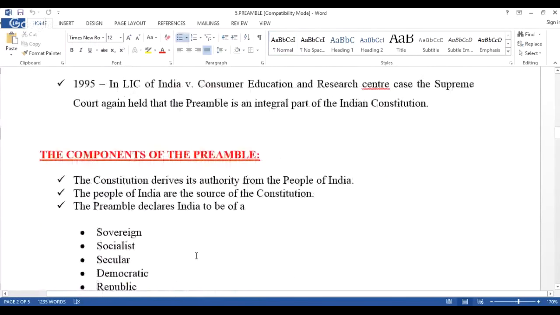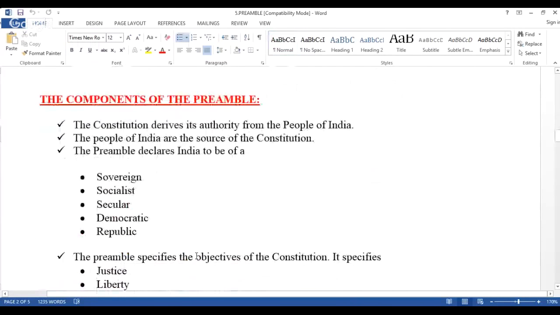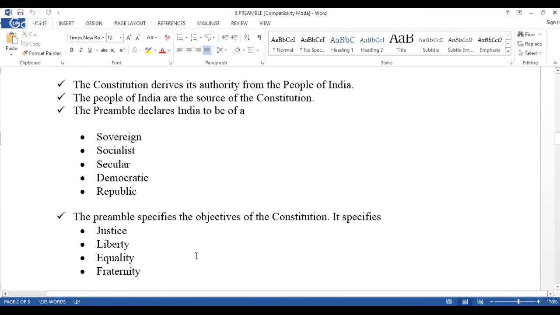Now let's understand these points. Look at this. The components of the preamble. The Constitution derives its authority from the people. People of India are the source of the Constitution. Preamble declares India to be... Please, you have to know the meaning of all the 9 words that you are able to see on the screen. 9 words.